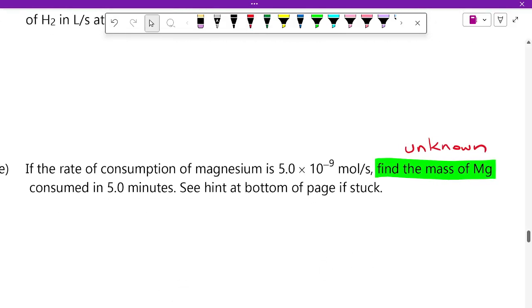Chat with your neighbor about that. What is find the mass of magnesium connected to in the sentence?